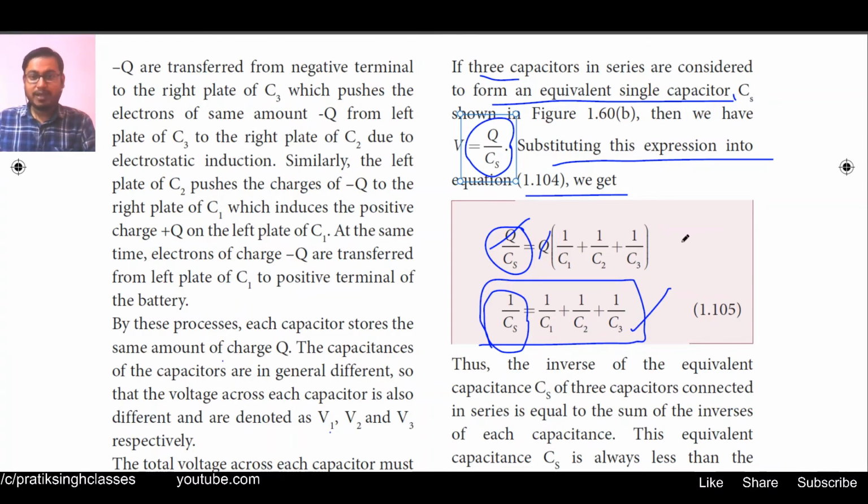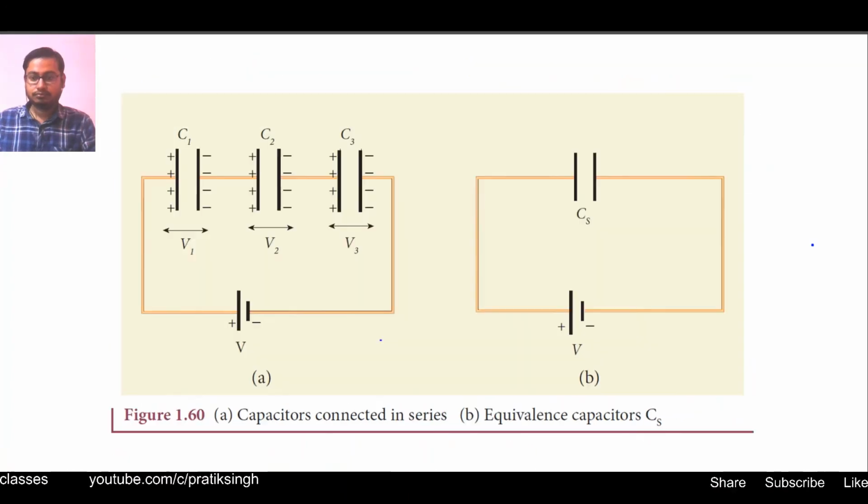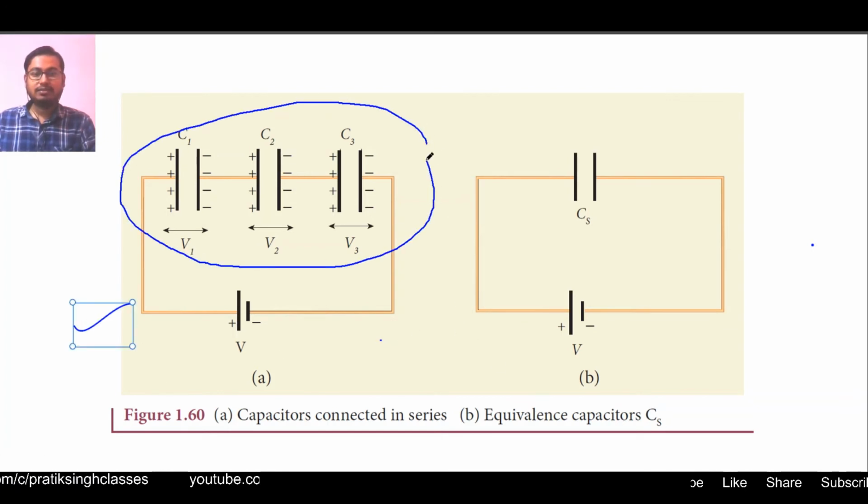Fine. So coming back to figures 1.60a and b once again, let us try to understand what is given there. The situation in figure 1.60a we have already seen. Instead of these three capacitors of different capacitance, we substitute only one capacitor of equivalent capacitance and write that as CS.